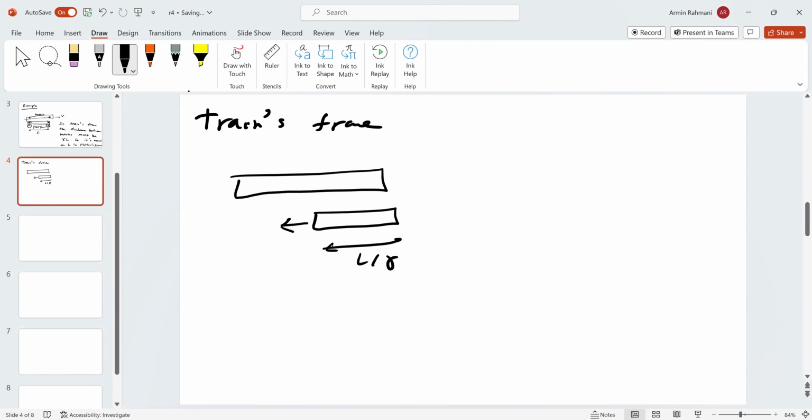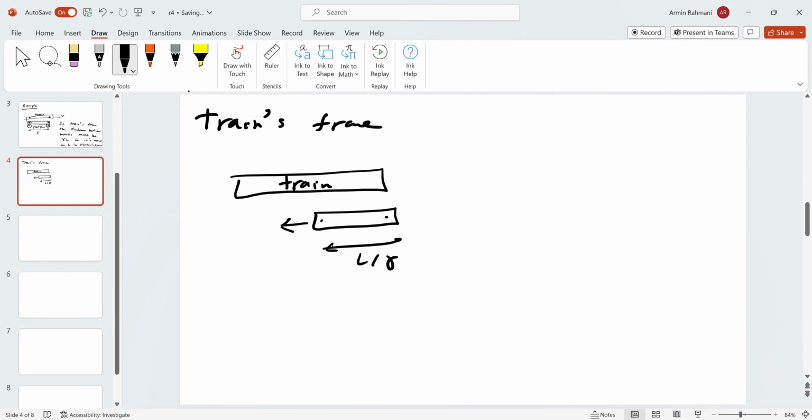And there are paintballs at the two ends. But again, we have to be careful that these explosions that were synchronized in the platform's frame are not synchronized in the train's frame. So this is the train that's now stationary.